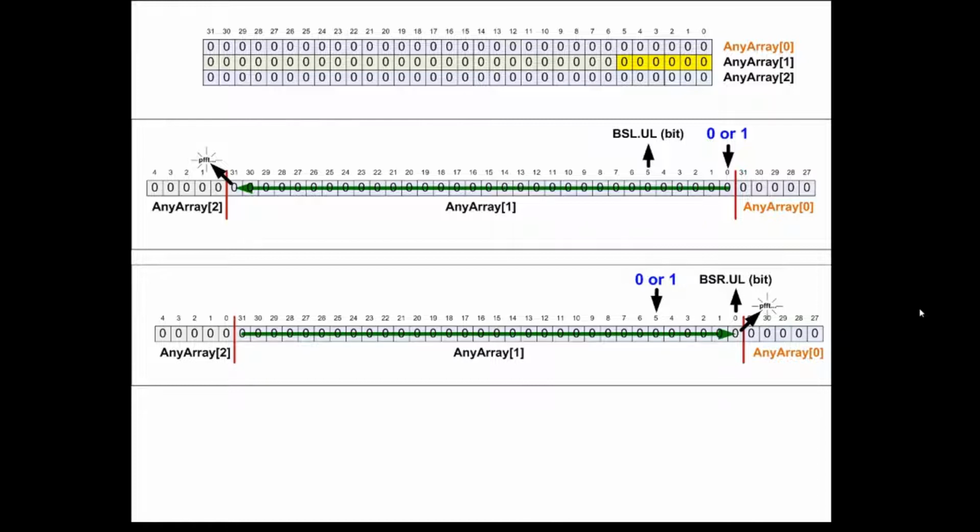The very next shift is going to take whatever value is in bit 5 and move it to another bit location in memory, the bit shift left unload position. And that BSL, that's in lieu of the actual name of your control tag for the bit shift left instruction. So I just put BSL.ul to indicate the unload bit for that instruction.